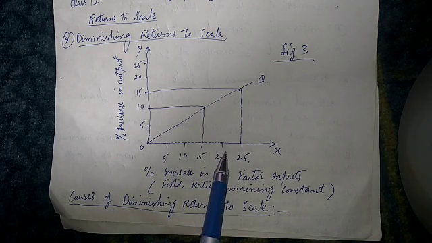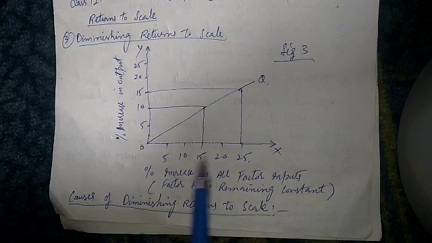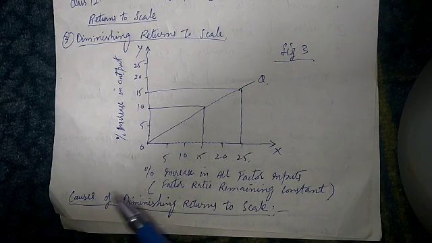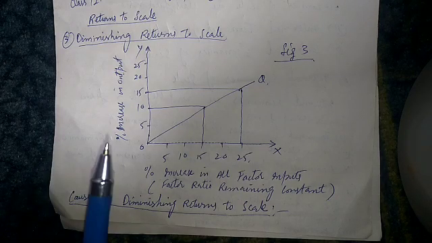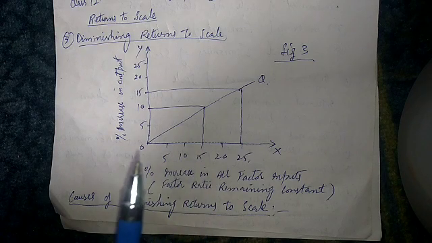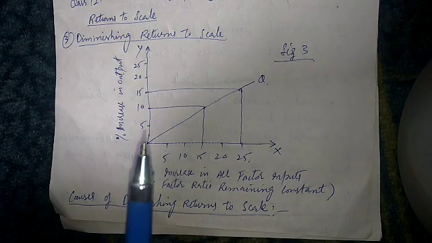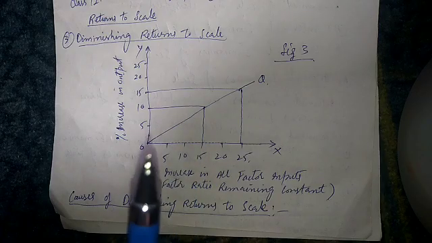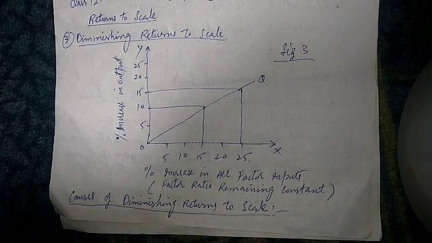It must occur as the scale of output is expanded, which is why the situation of diminishing returns is often described as the law of diminishing returns to scale.